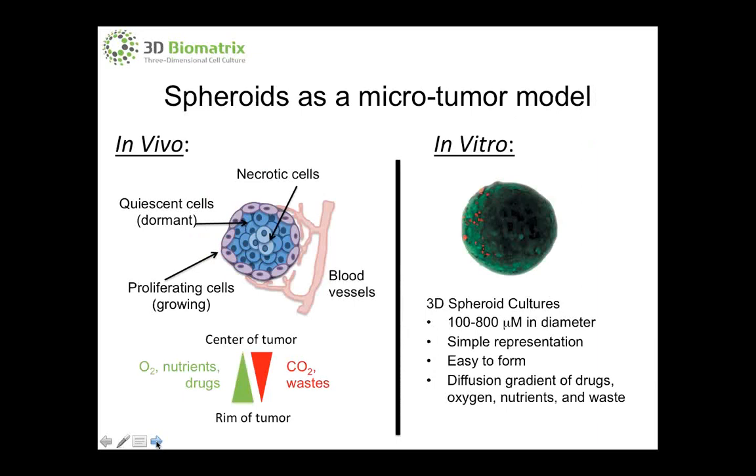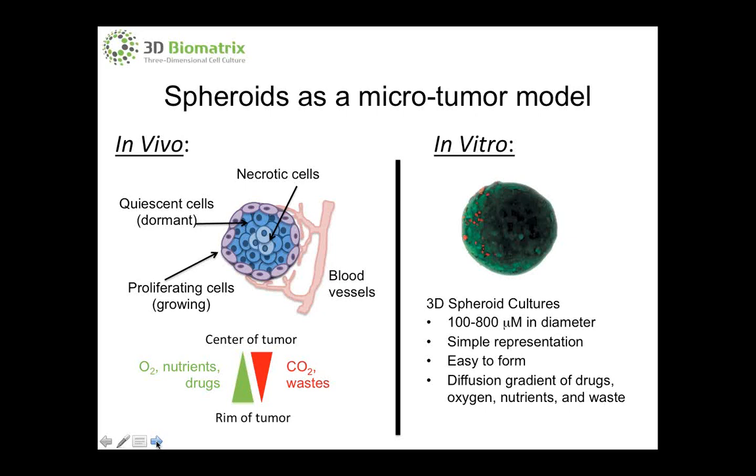So here's a slide that compares a spheroid on the right as a microtumor model, illustrated on the left, and what it might look like in vivo. What you see here in vivo on the left are the proliferating cells around the outside of a microtumor, which are growing because they have exposure to oxygen and nutrients, as illustrated by the arrows on the bottom, in comparison to the cells more deeply found within this microtumor that actually become quiescent, mostly due to a lack of access to oxygen and nutrients.